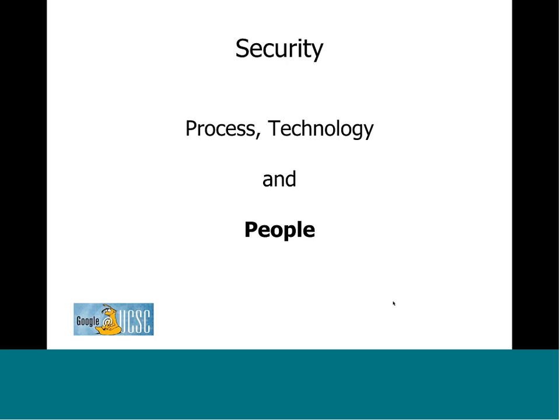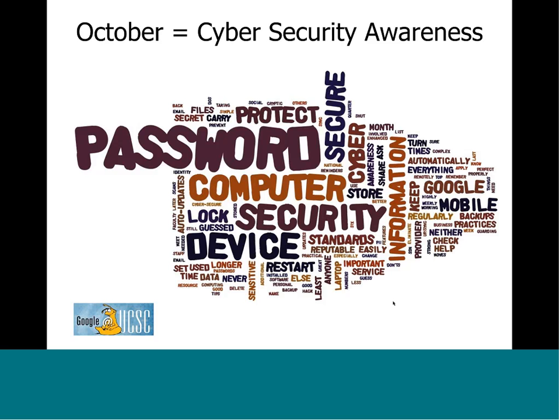The next slide shows, well, first of all, October, I think many will know that October is National Cybersecurity Awareness Month, and we certainly take advantage of that month to amplify the messages that we also try to deliver all year long.